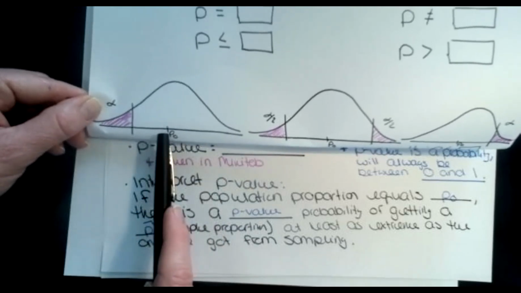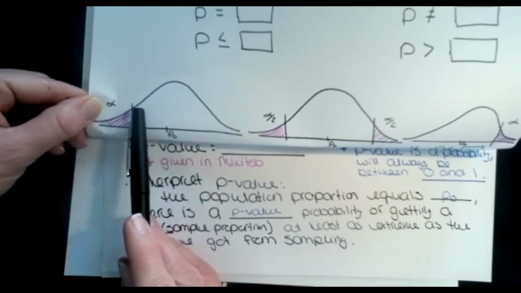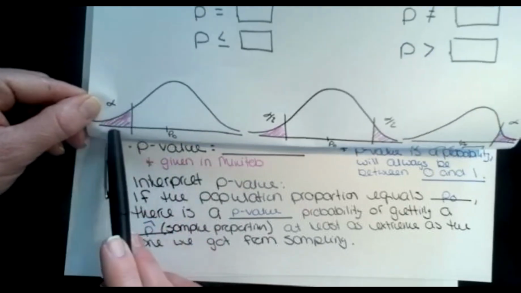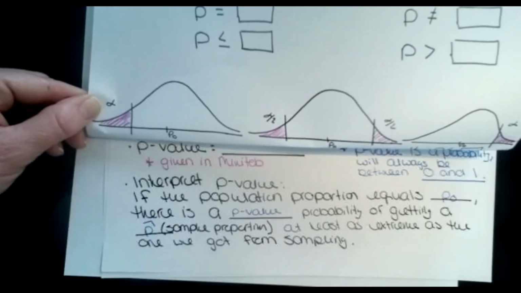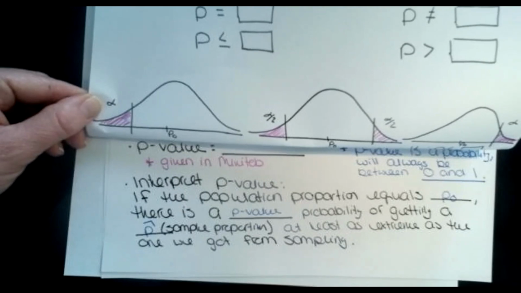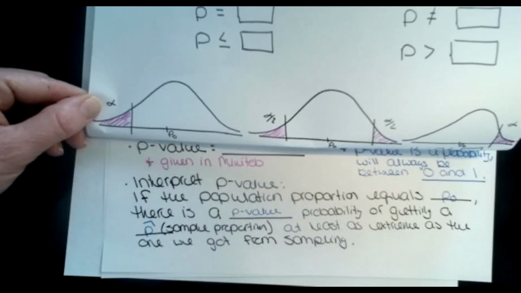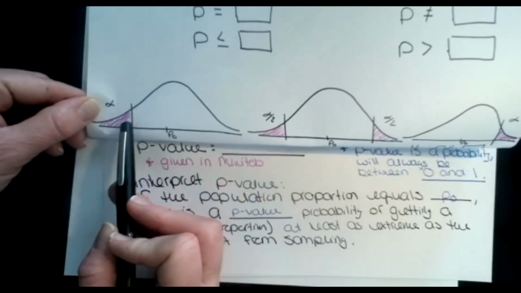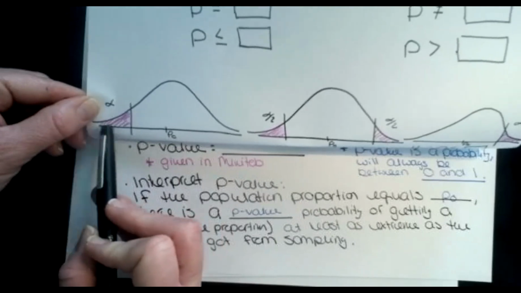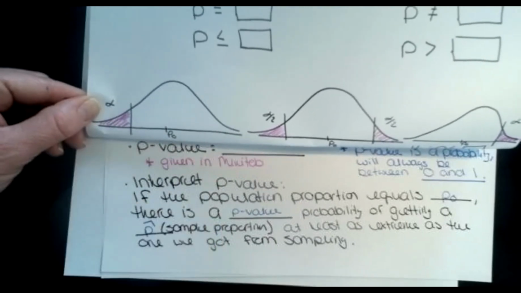So when we're looking at that, that's the probability. The area in the tail is the probability that we're going to get another sample proportion, something different, another sample, not the same sample we just studied, a different sample that's at least as extreme, so it's as far away from the center as that first one is.